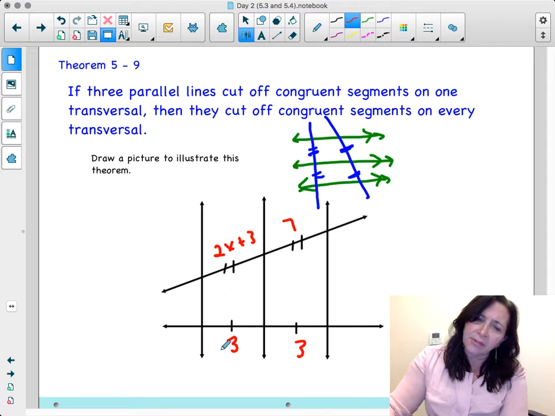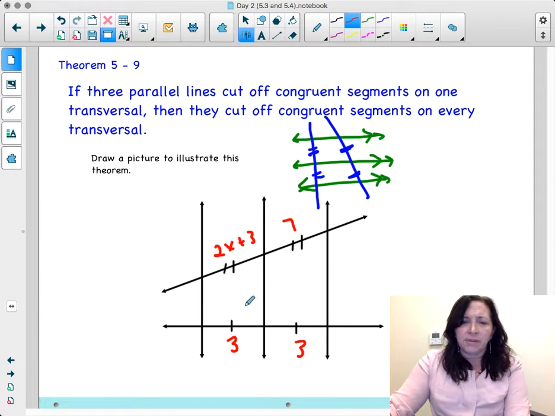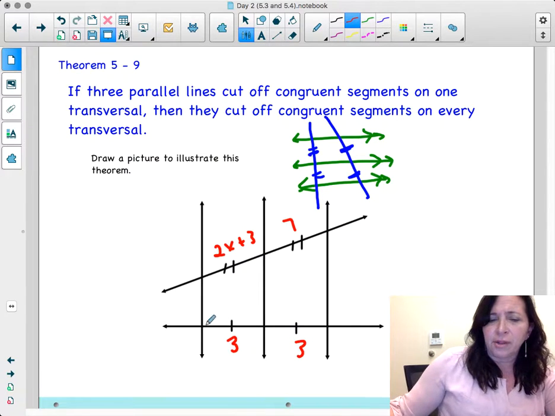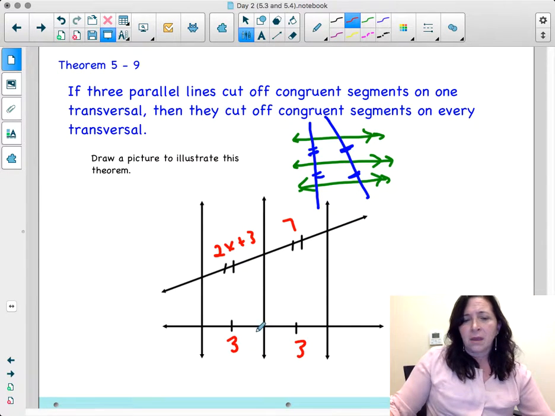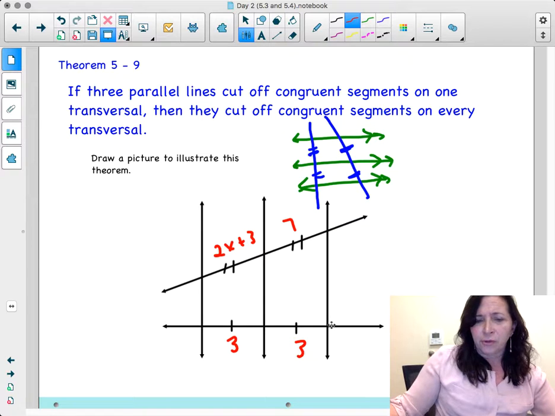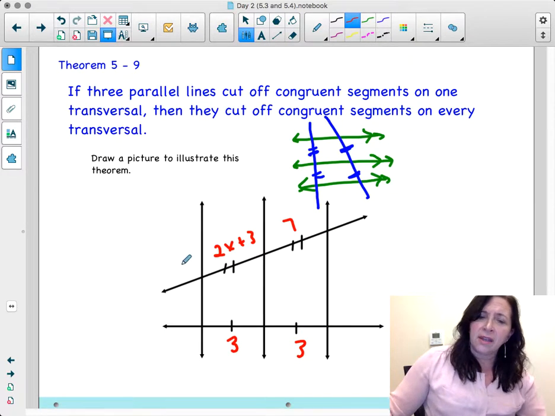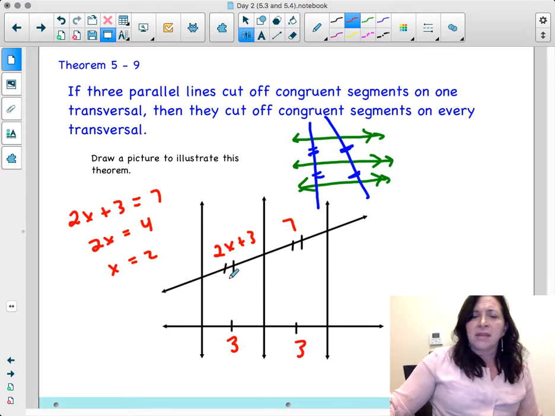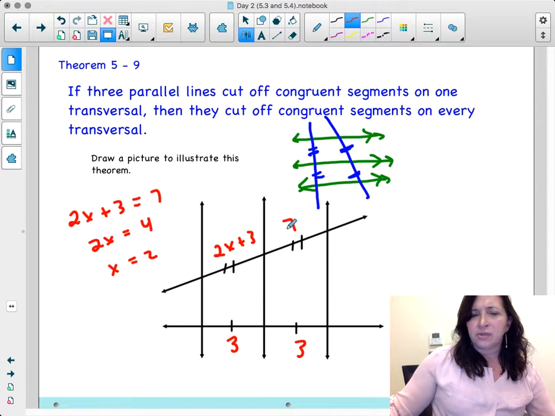They're not. That's not what the theorem is saying. The theorem is saying that if the lines are parallel and the transversal creates congruent segments on one side, then another transversal will also create congruent segments. So I can say that 2x plus 3 is 7, 2x is equal to 4, and so x equals 2. That does not mean that these are equal. It means those are equal.